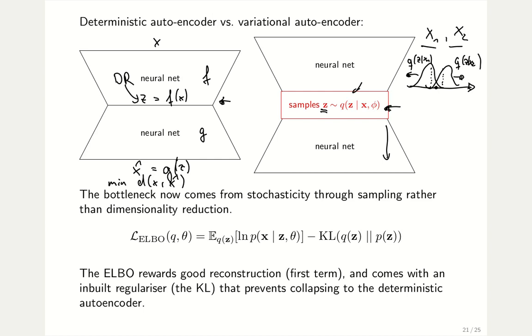Okay, and this can also be seen when you look at the actual error function, the evidence lower bound. So let's look at the two terms individually. Let's look at this first term.